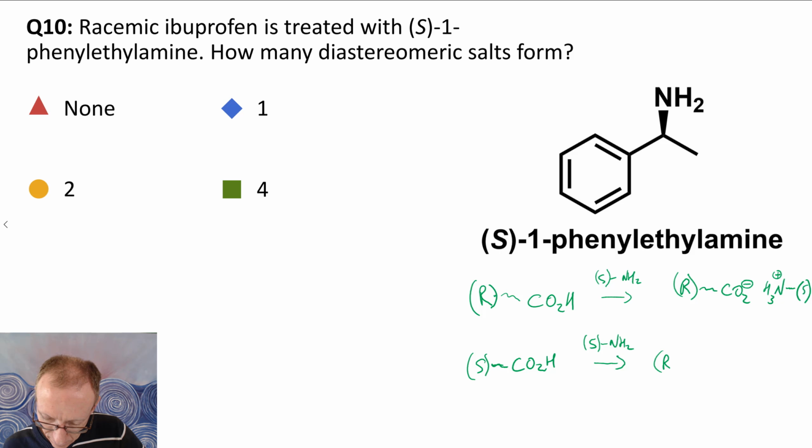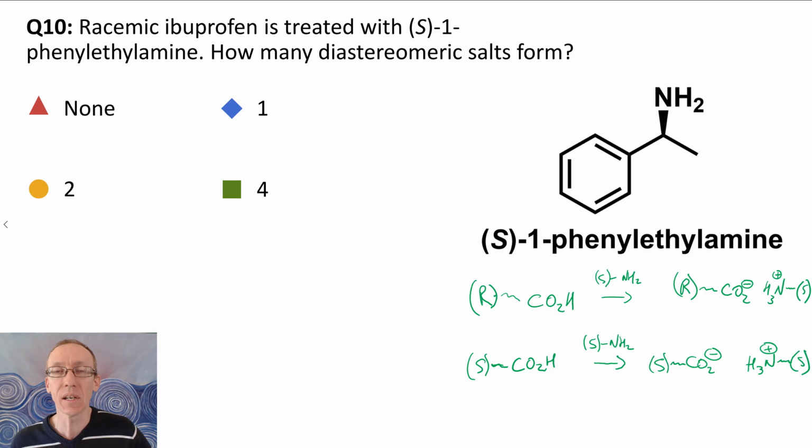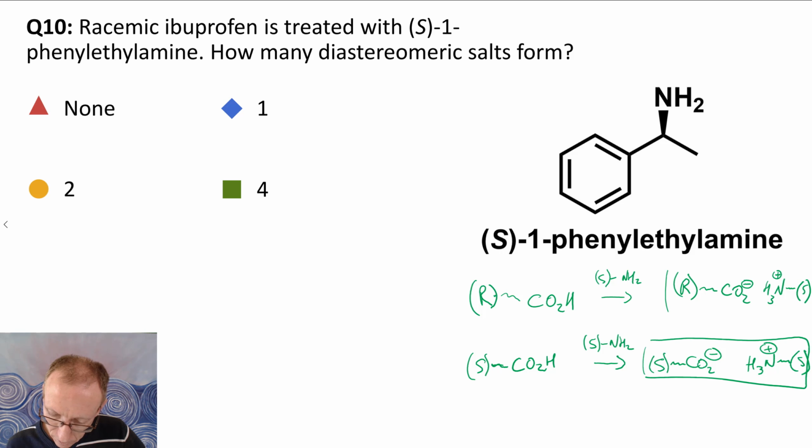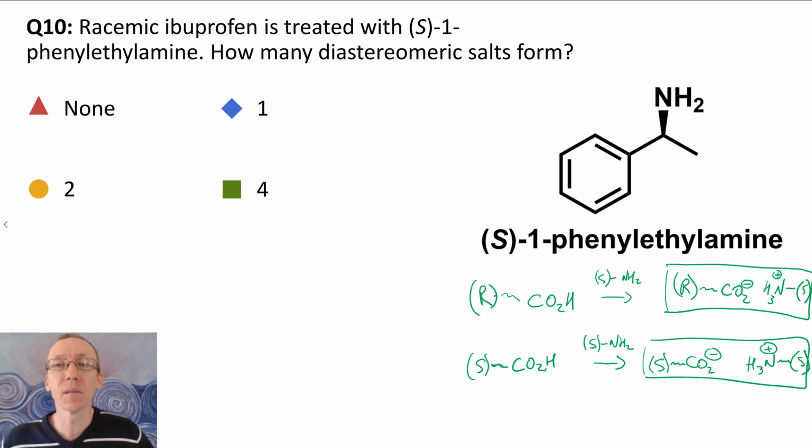And we can have the S-ibuprofen carboxylate, because it's now donated its proton to the basic amine of phenylethylamine. There it is there. But we've only got one enantiomer, so in either case it's the S enantiomer of the ammonium ion that is ion paired with the carboxylate of ibuprofen. So there's two different salts that can form, and these are diastereomers.